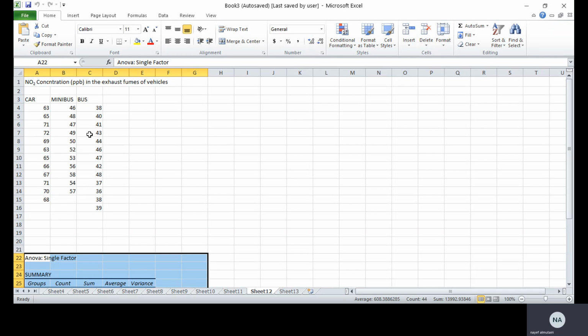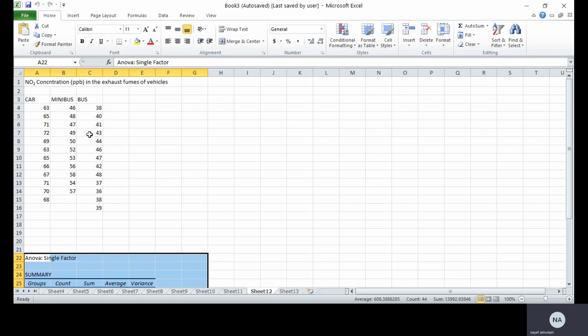If H naught is rejected, then we should go to an alternative hypothesis, H1. So mu1 is not equal to mu2, not equal to mu3. If H1 is accepted, then there is a difference between the 3 columns, car, minibus, and bus, due to a factor. So we call this a one-way ANOVA.